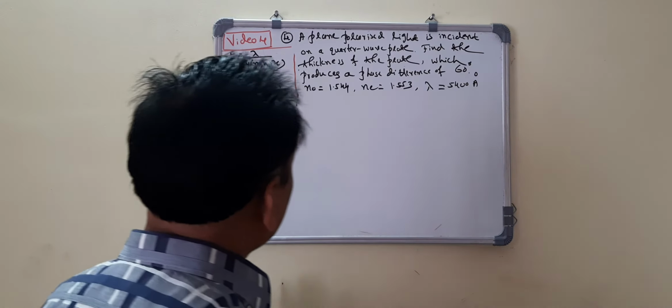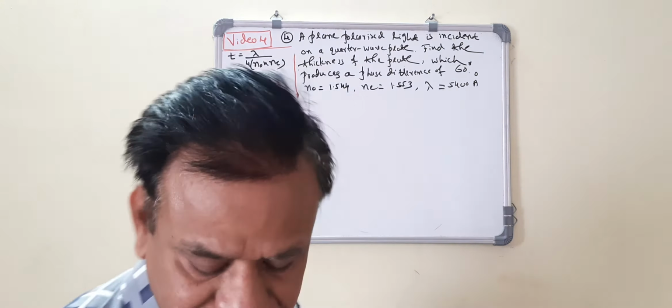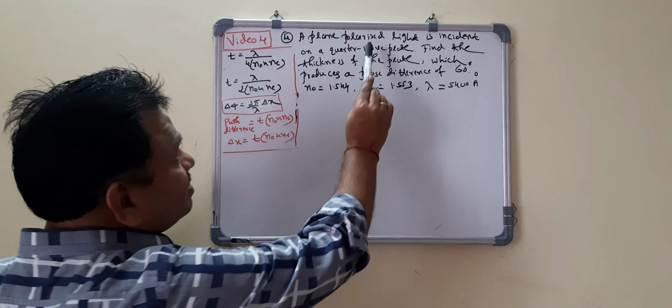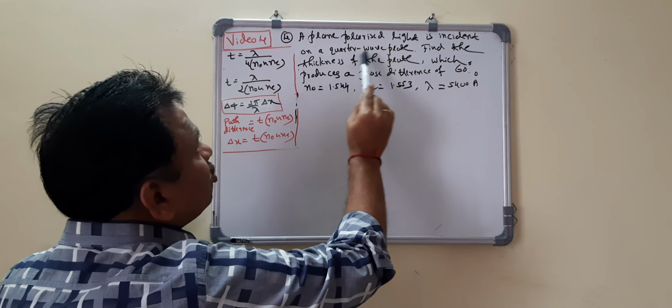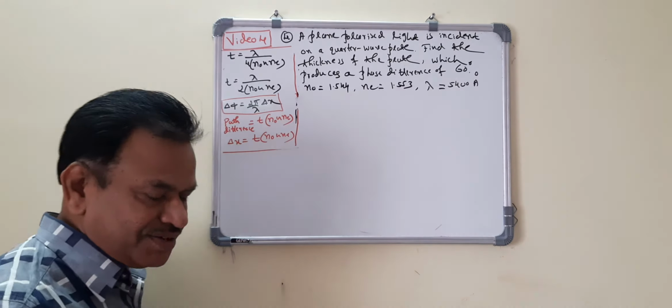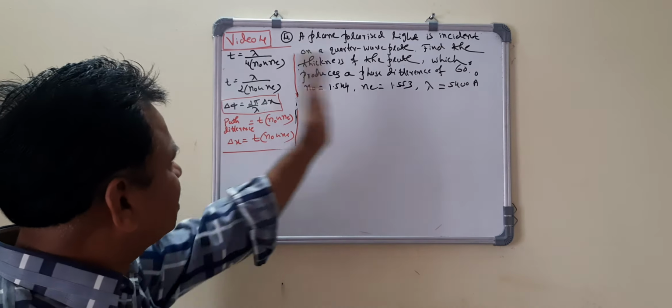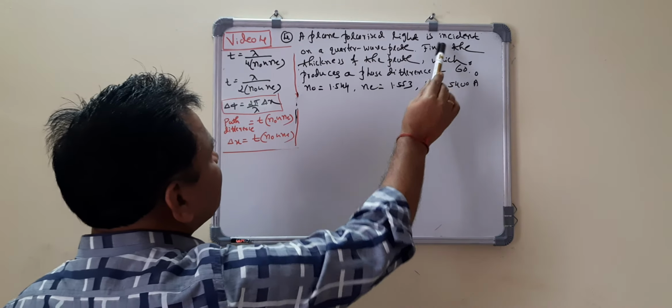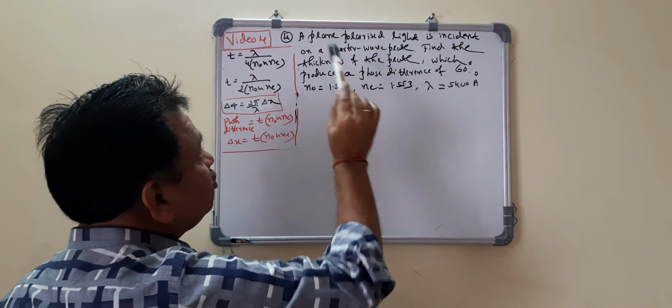Students, now look at this, problem 4 is a very interesting problem. A plane polarized light is incident on a quarter wave plate. Find the thickness of the plate. That means T is to be calculated.